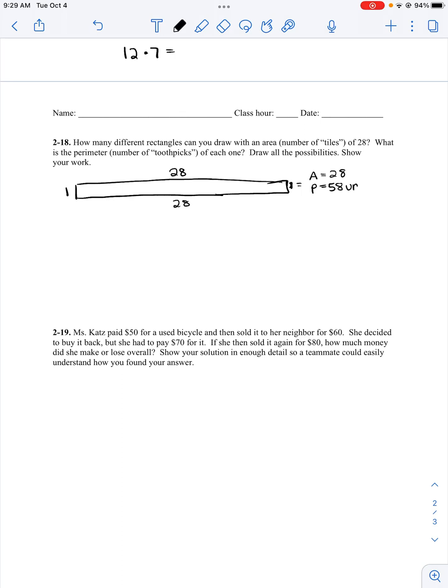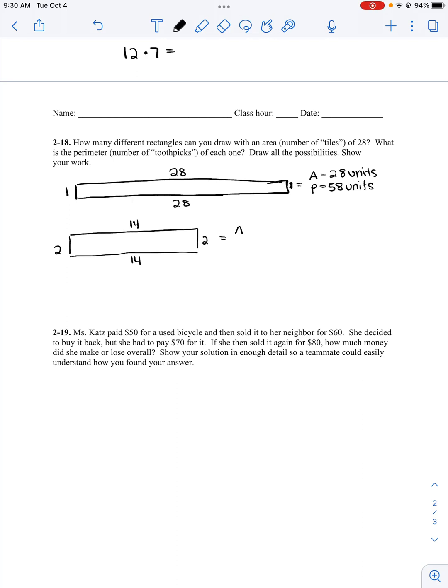Okay. Units, because it's in tiles. Okay. I could do 2 times 14. If I look at a multiplication chart and find the 28s, I can figure out what my factors are, right?